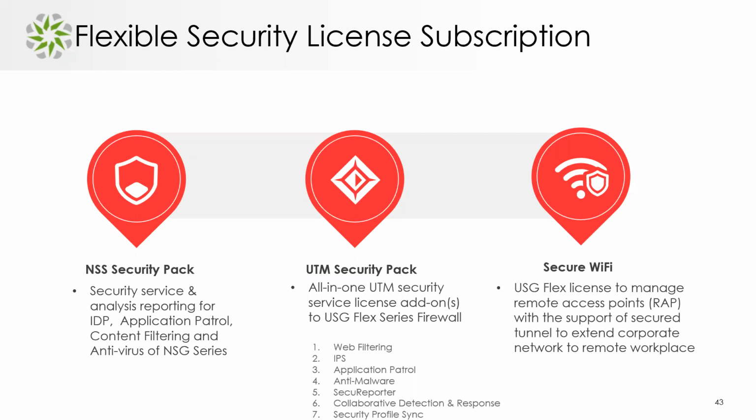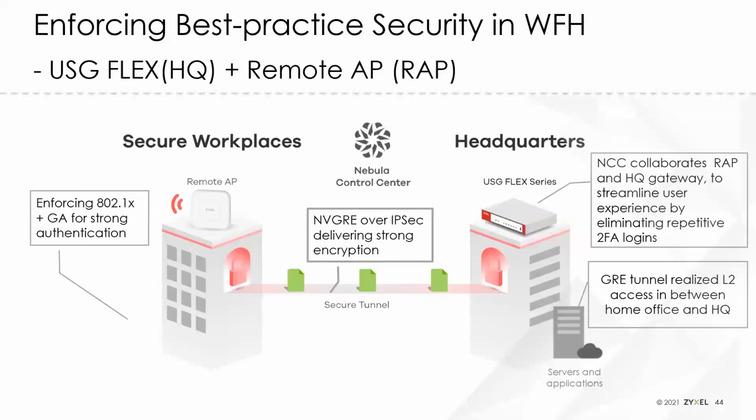So you use the Secure Wi-Fi license, and then you just simply ship out an access point to your end user. They plug it into their existing home router, and it will broadcast an SSID that is essentially a VPN connection back to the main office. I think I've got the next slide here that shows it. So it's essentially creating a VPN tunnel between that SSID and the main office there.